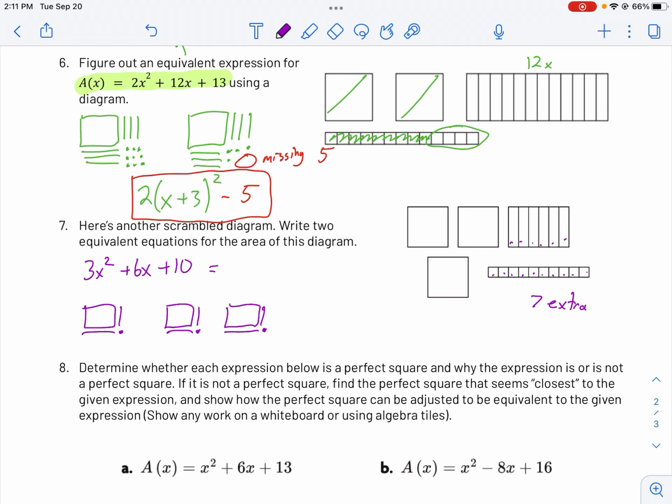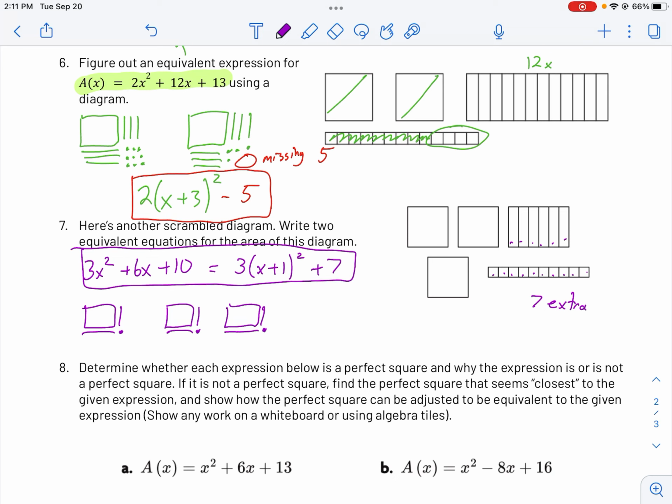So if I now write it in my square of binomials, I have 3 squares that have side length x plus 1, but that doesn't cover all of these blocks because I still have those 7 extra blocks. Okay. So there's my 2 equations for number 7.